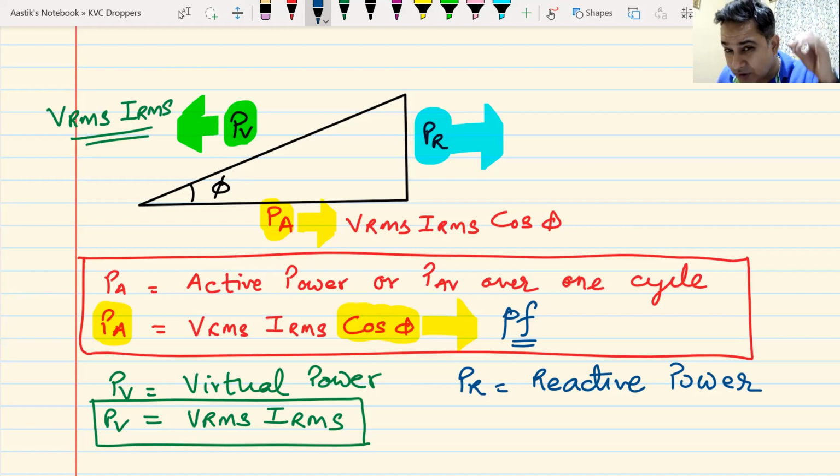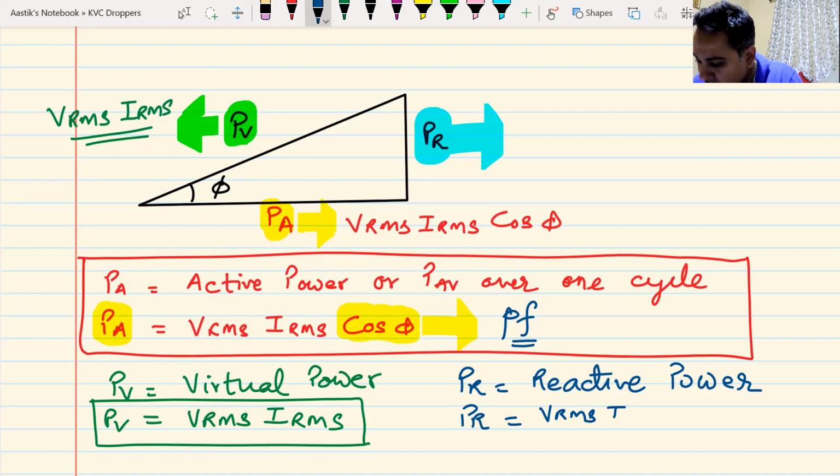Then who uses power? We'll come to that. Only one element uses power, and that element is your resistance. But first, let us write the formula for this. My reactive power simply becomes, from the right angle triangle, VRMS into IRMS multiplied by sine of this angle phi.